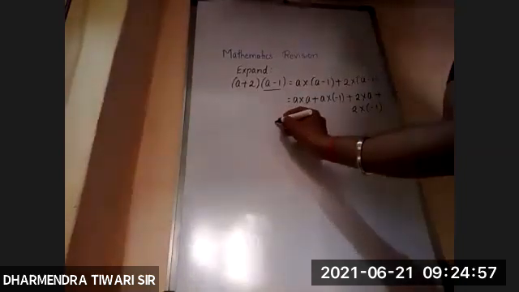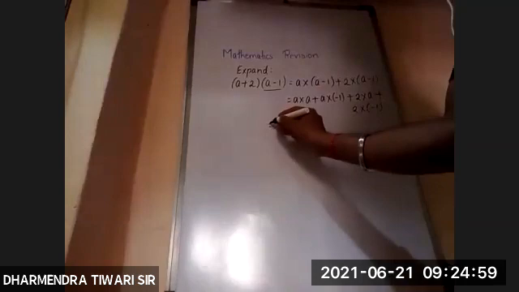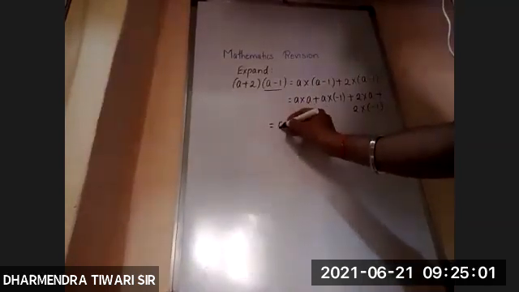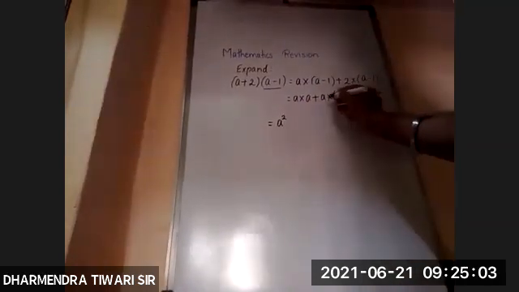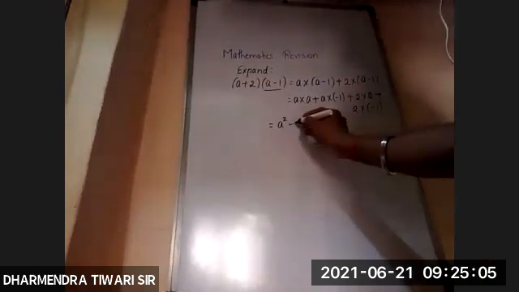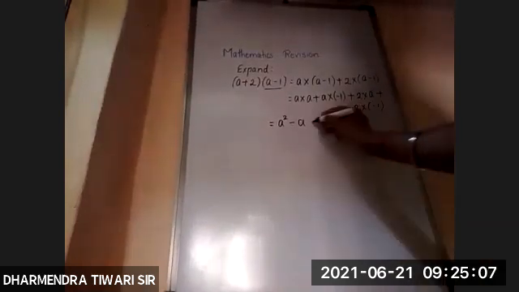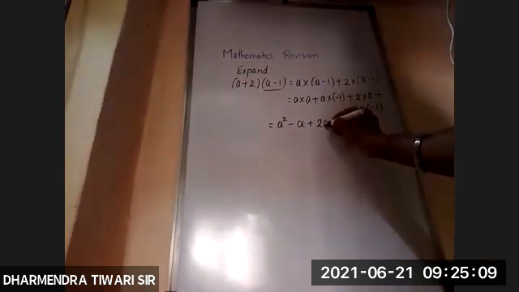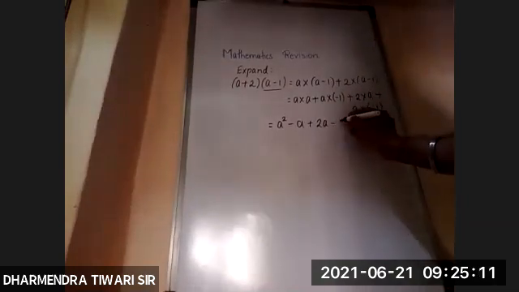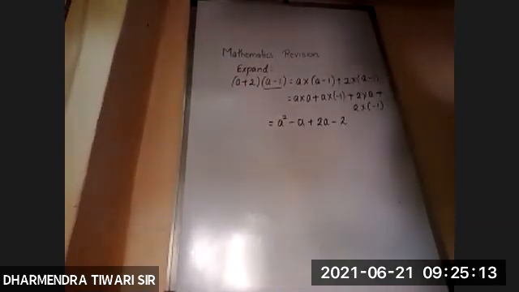So this is equal to a square, a into minus 1 is minus a, plus 2a, 2 into minus 1 is minus 2.